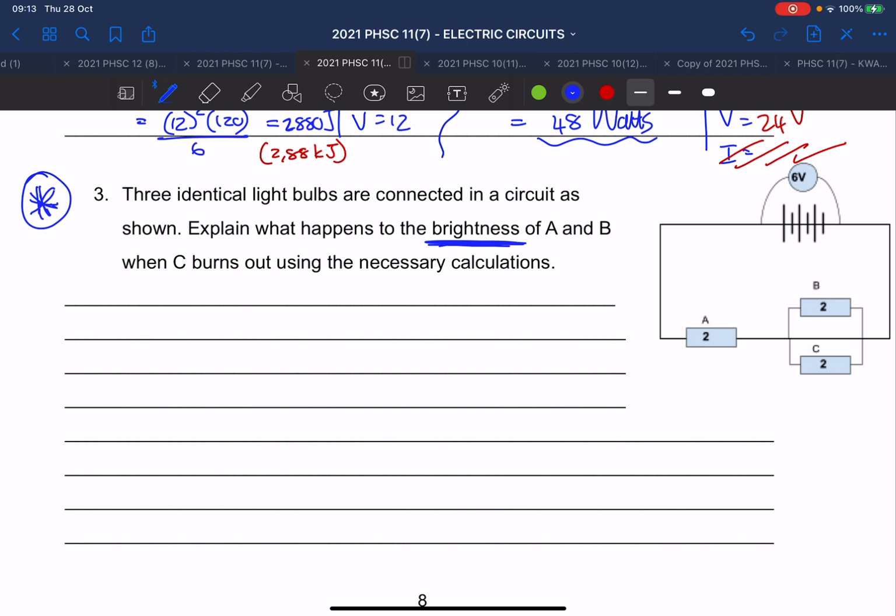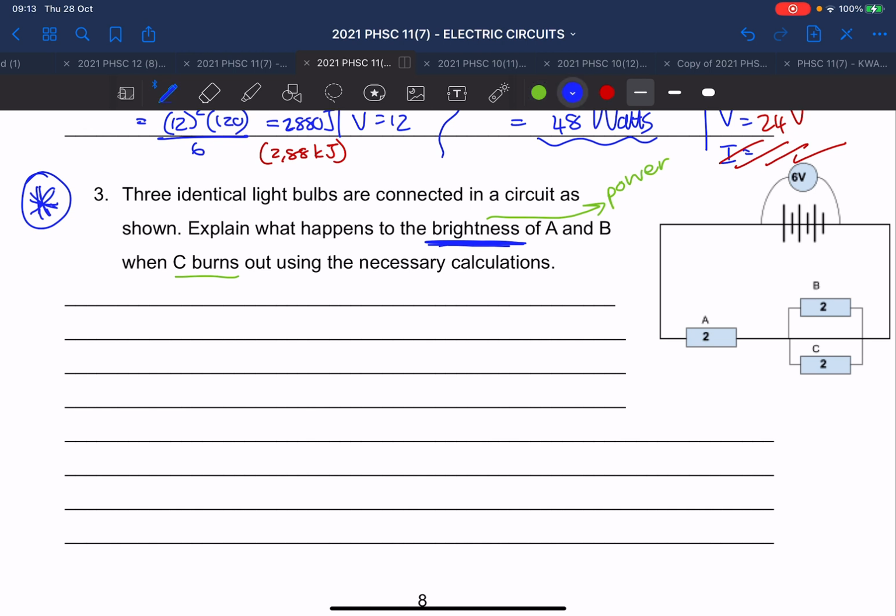Now, Lepelo, when they speak about brightness, what are they basically asking? On the previous page, I said brightness is linked to power. So they are basically asking you, compare the power of A and B. Now they say when C burns out.